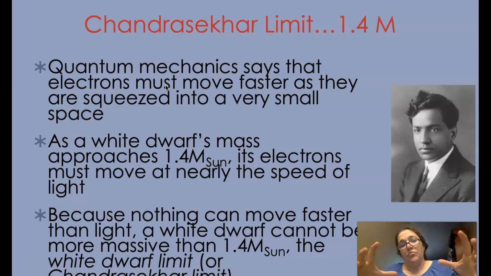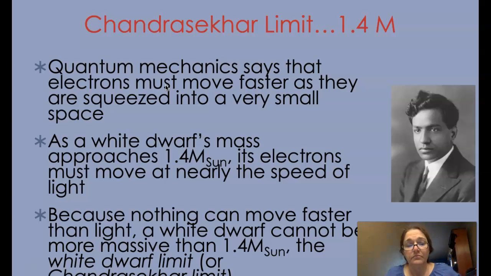And so as that white dwarf mass approaches 1.4 solar masses, remember that means the star is getting smaller and smaller, the pressure means that those electrons begin to move very close to the speed of light. And so when that star becomes more massive than 1.4 solar masses, the electrons are moving so fast that they actually blow up the star.